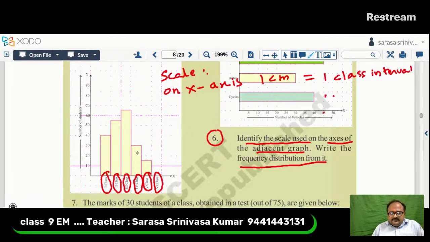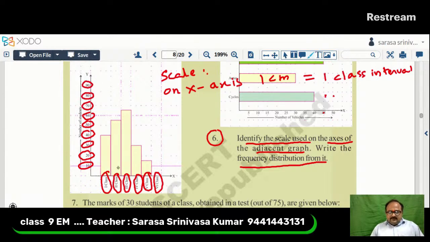We observed this. And next on y-axis it starts with 10, 20, 30, 40, 50, 60, 70, 80, 90.